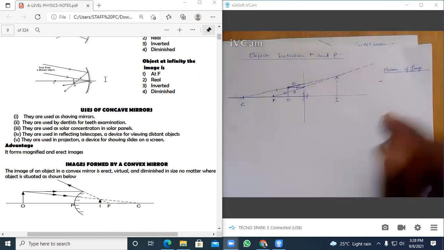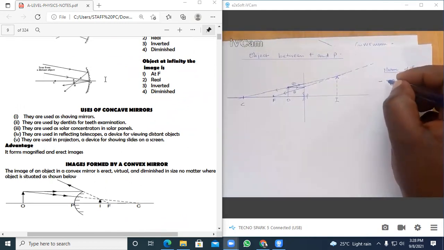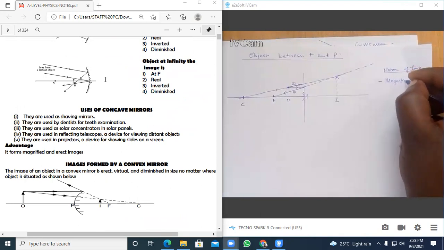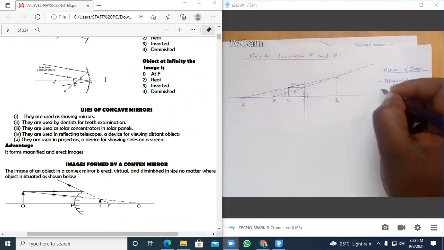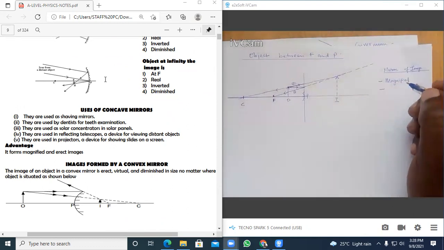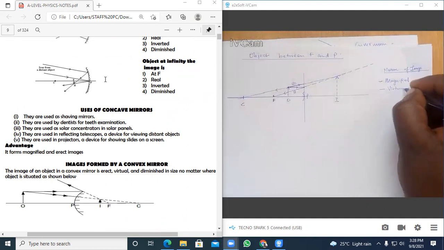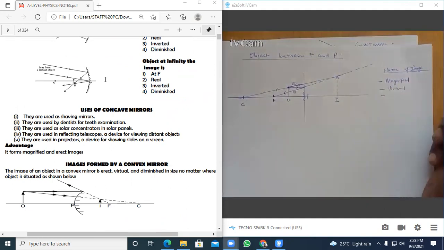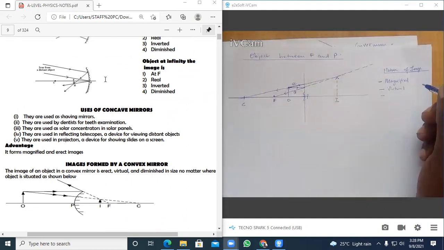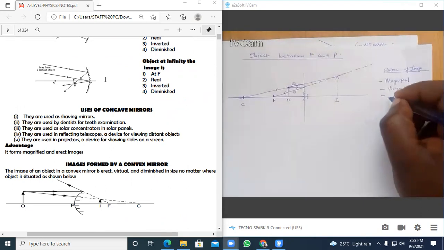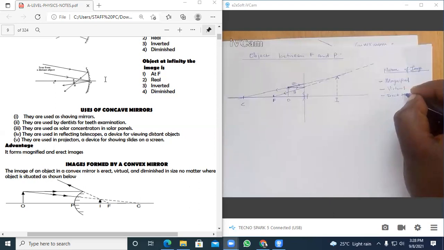It is magnified. What else? It's virtual. It's upright. Another one, it is erect, or you can say upright.